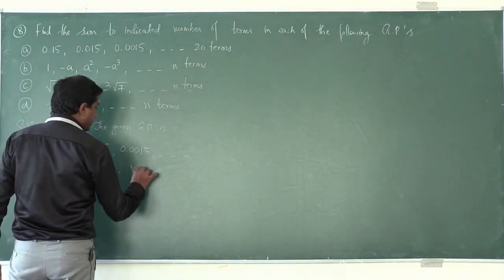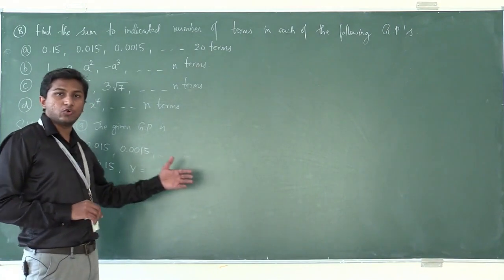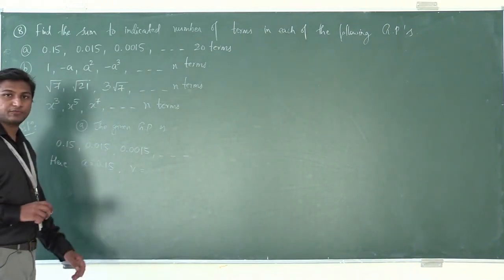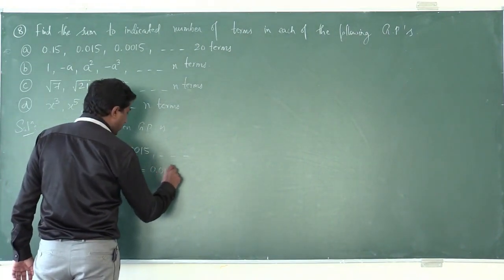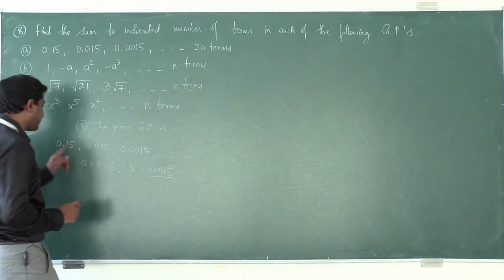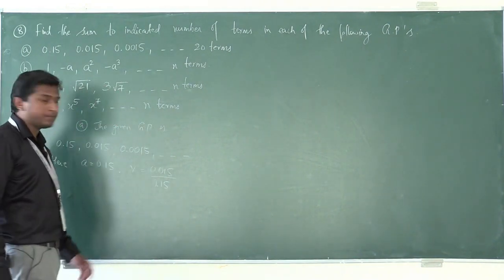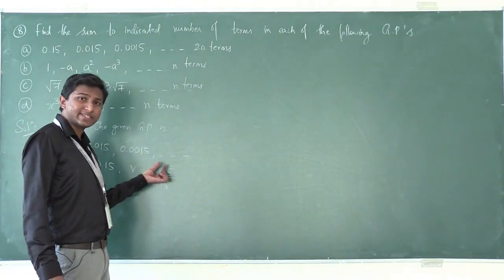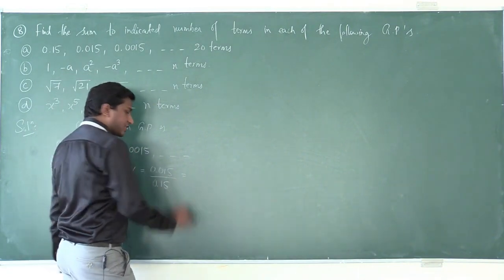Common ratio small r. We will take the ratio between consecutive terms: second term divided by the first term. What do we get? 0.015 divided by 0.15. How can I write this in fraction form?